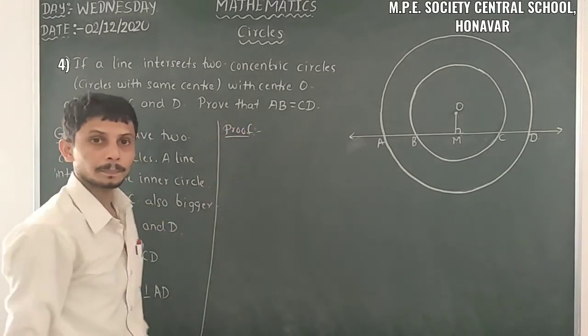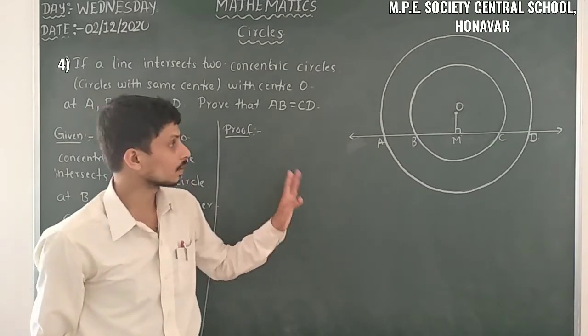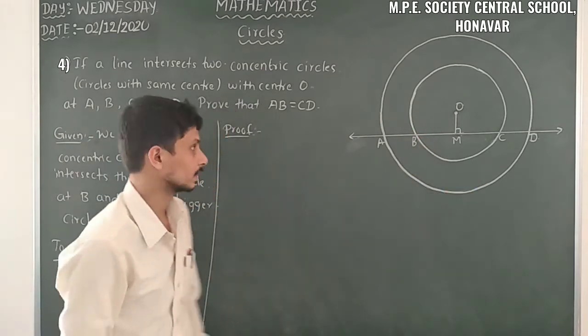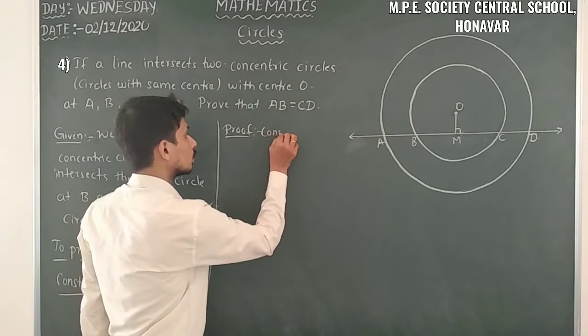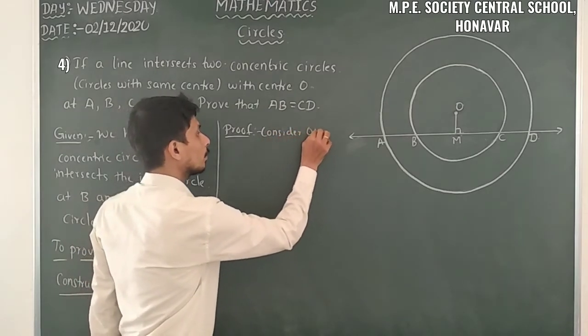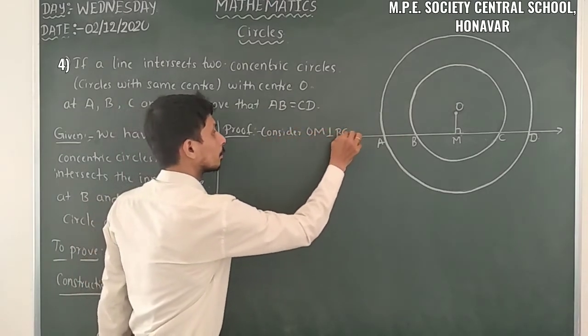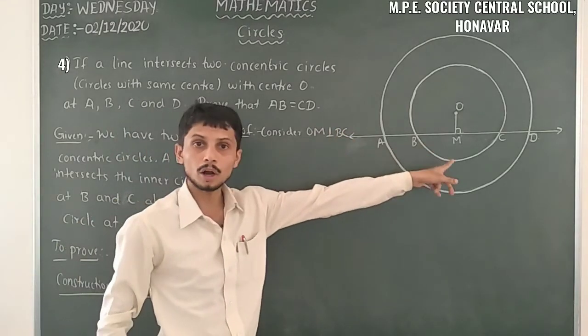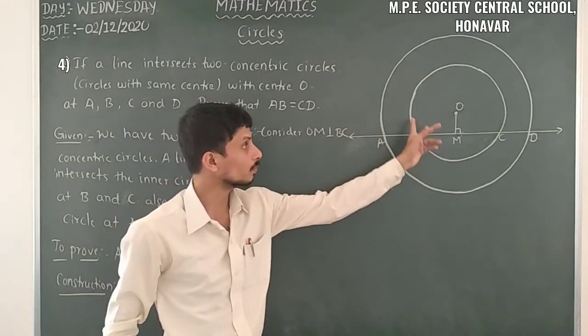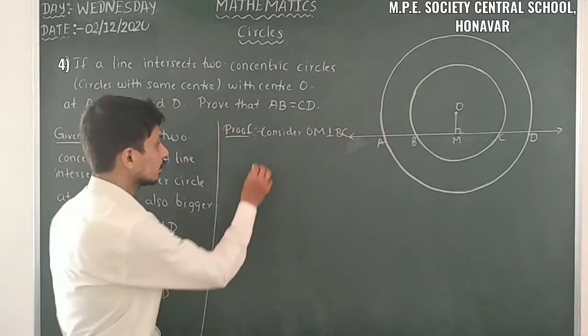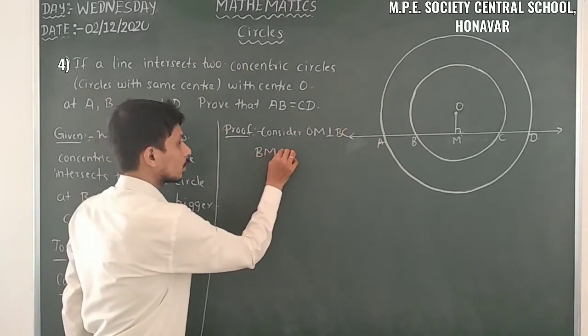Firstly I will consider the smaller circle. Here OM is perpendicular to BC. BC becomes a chord for this smaller circle, so we can take BM is equal to MC.